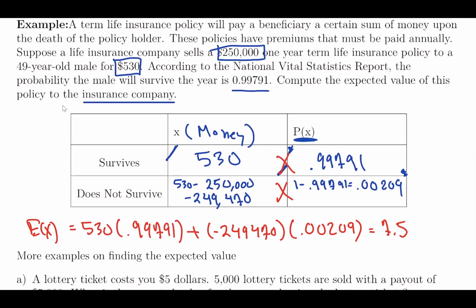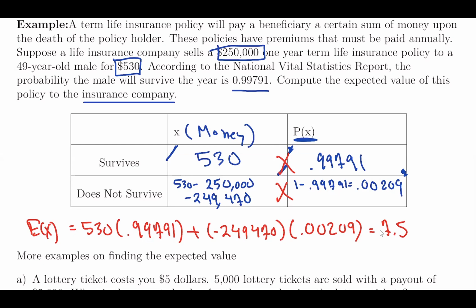You want a net income where you're collecting $530 from everybody else, and with that money you have enough to cover it if one person or two people die. So on average, if you sell this to many, many different males, each male is going to get $7.05 back.